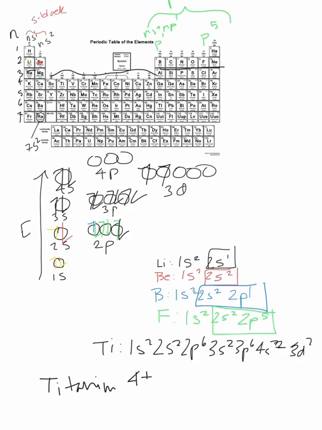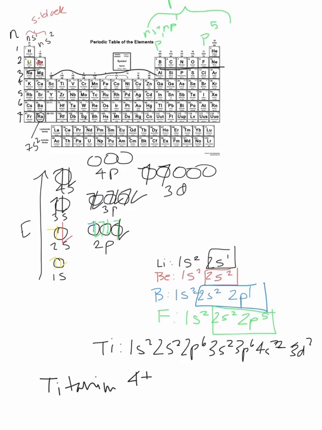We can rationalize where titanium would take its electrons from to achieve a 4+ state, to rationalize which are the valence electrons. Titanium is going to start by pulling away electrons that are the furthest and the highest energy from the center of the atom.